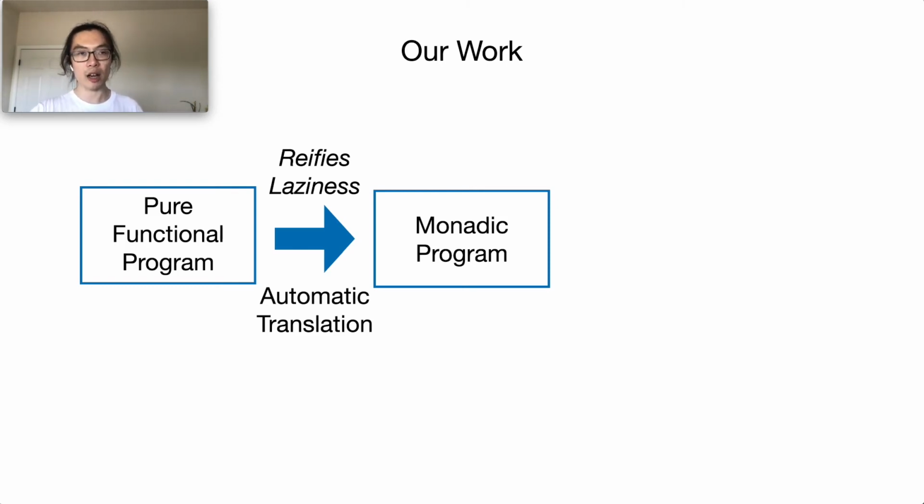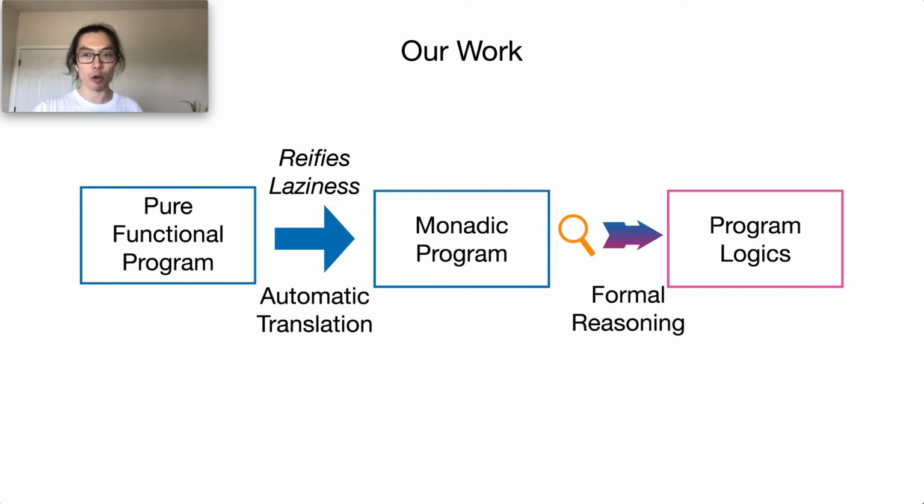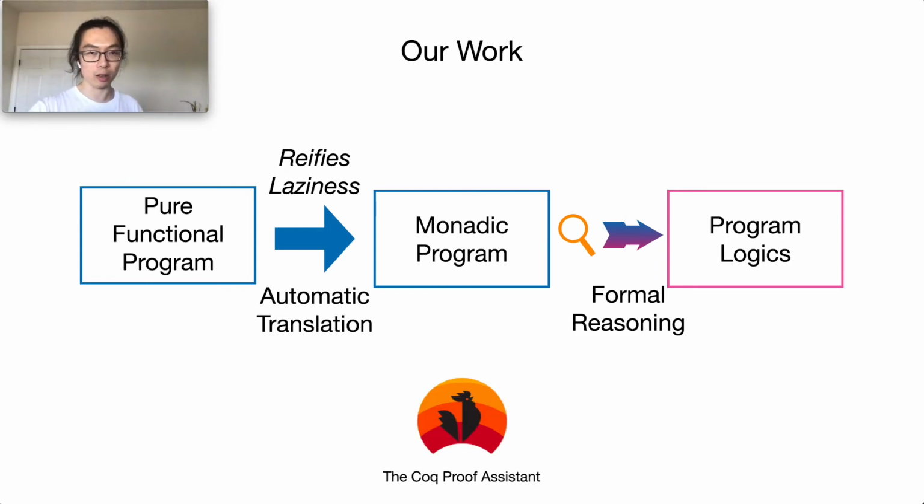And after we have these monadic programs, we can use some program logics for reasoning about the computation cost of the original program. In our work, we implement the clairvoyance monad and the program logics using the Galina specification language and the Coq proof assistant. We do not have an automatic translator that translates a particular programming language into Galina.